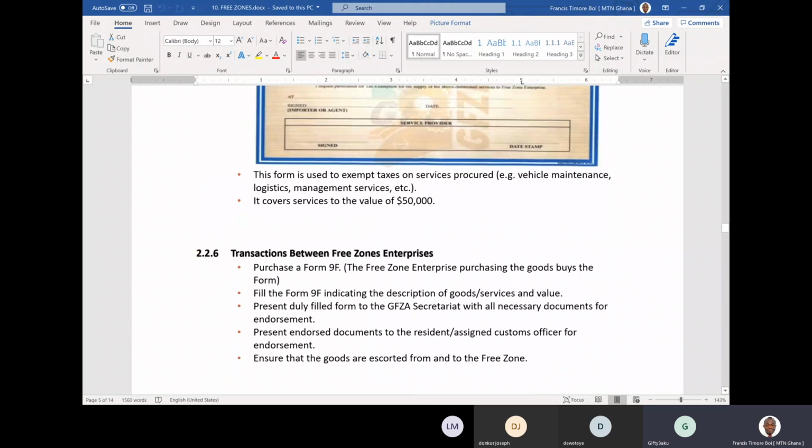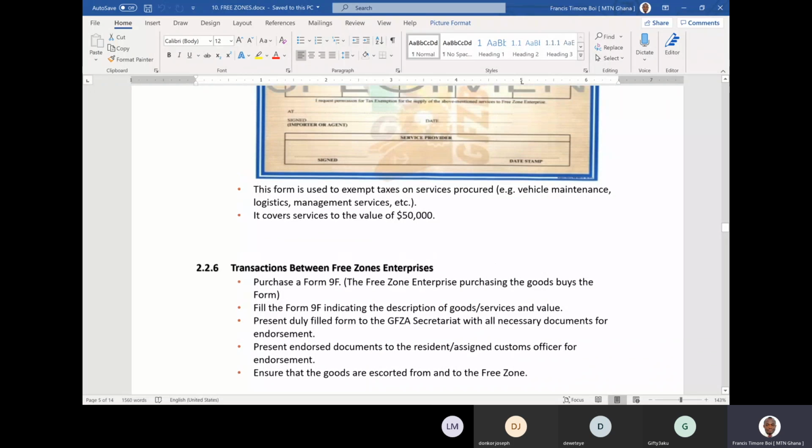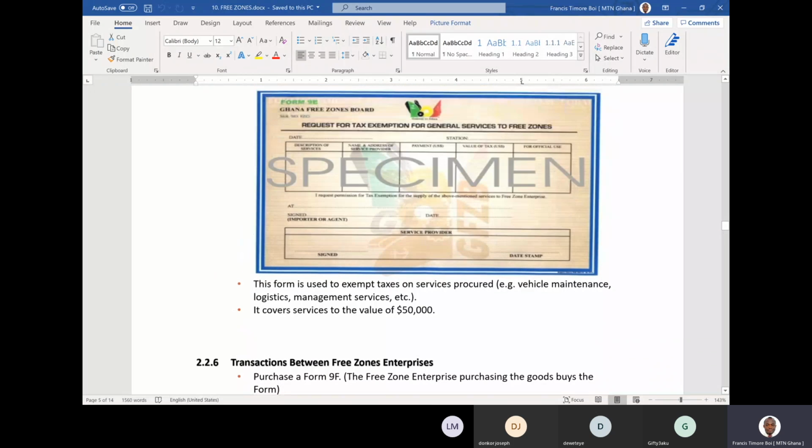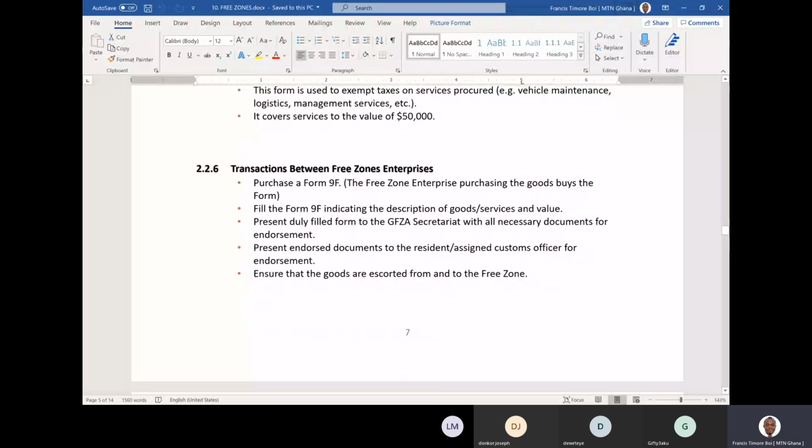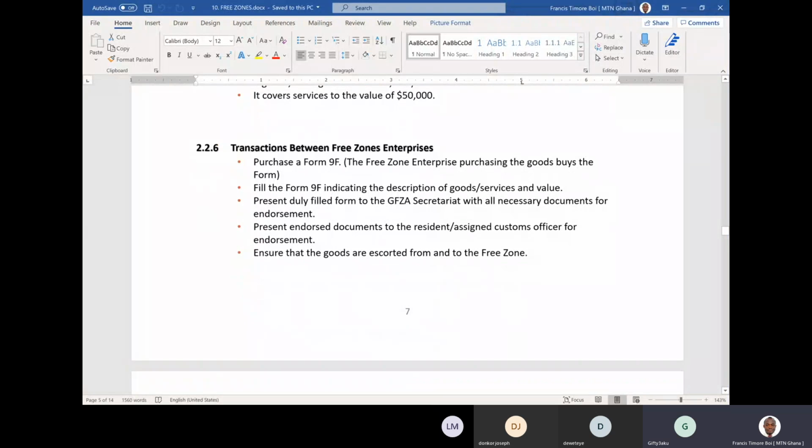And then they use the Form 9F for transactions between free zone enterprises. So this one is from one enterprise to the other. What will be the tax implication? Because it appears it is an export, but also an import at the same time.